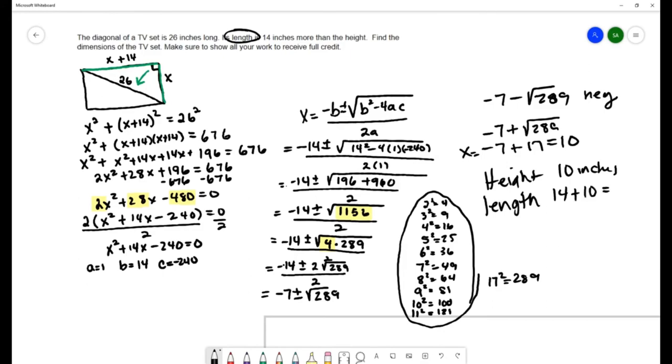And that's going to be 24 inches. So the dimensions of this television set are 10 inches in height by 24 inches in length.